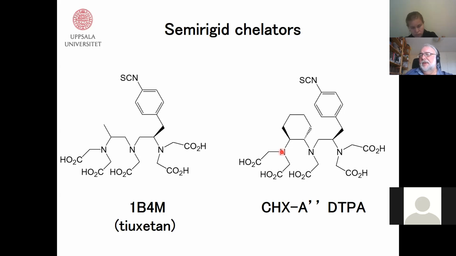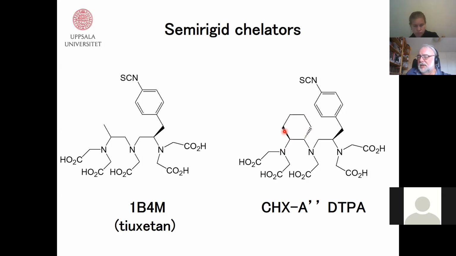My personal favorite is CHX-A''-DTPA. Here is not a single methyl group, but cyclohexane attached to this molecule.